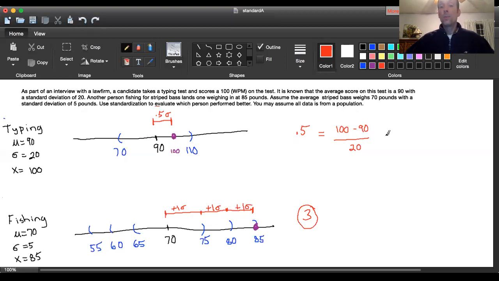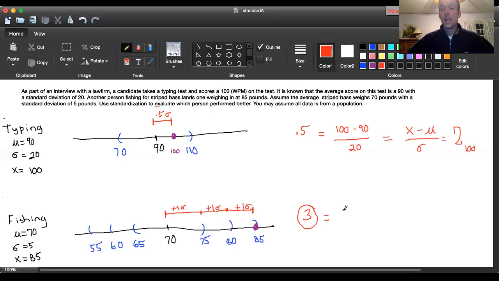In terms of symbols, what we just did was we took our x value, we subtracted the mu, and we divided it by the standard deviation of the population, which is our z-score straight back again. So we'll go ahead and attach a subscript to indicate that we standardized the score of 100. Now we're going to do the same exact thing for the fishing population.